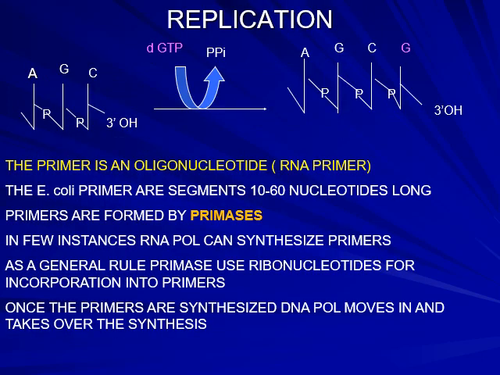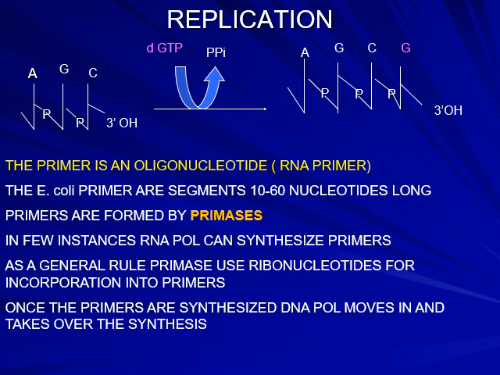As you can see here, this is the synthesis of an RNA primer, and this is the 3' hydroxyl group, and to this free 3' hydroxyl group the bases are added.